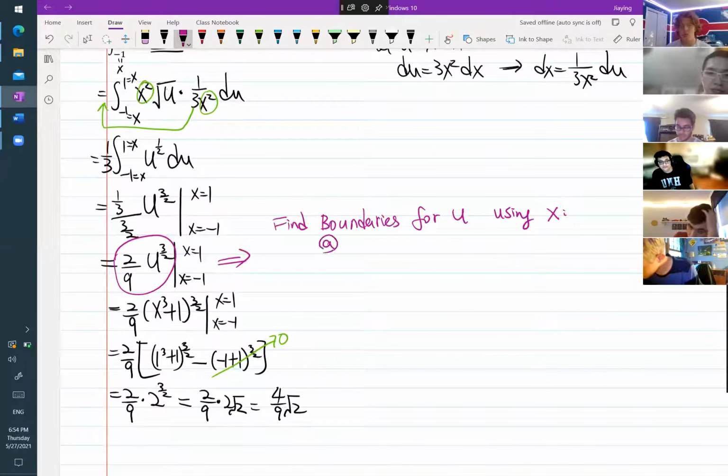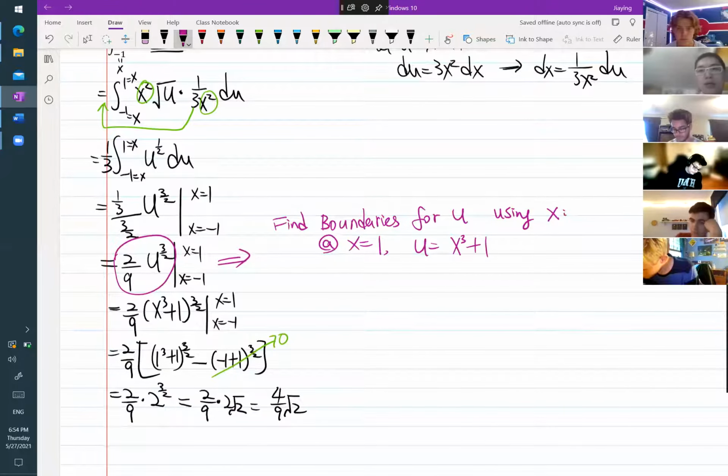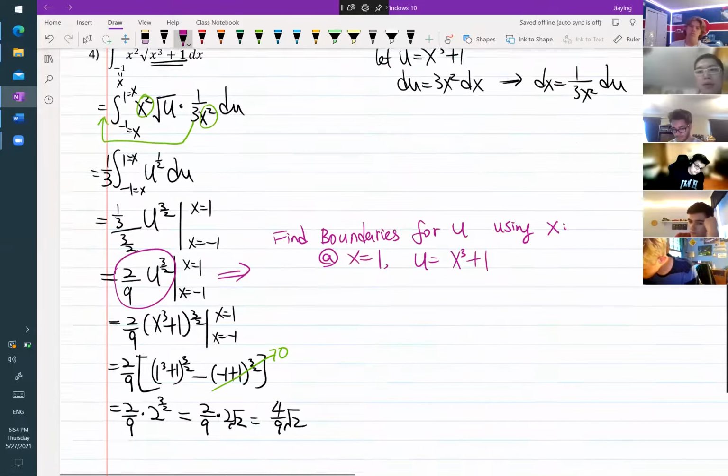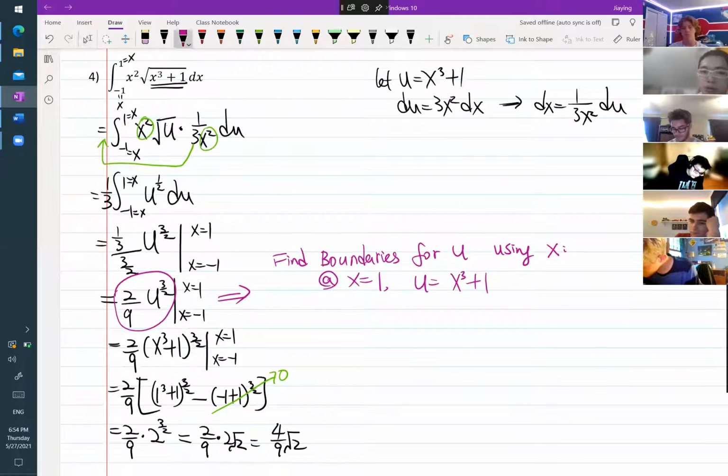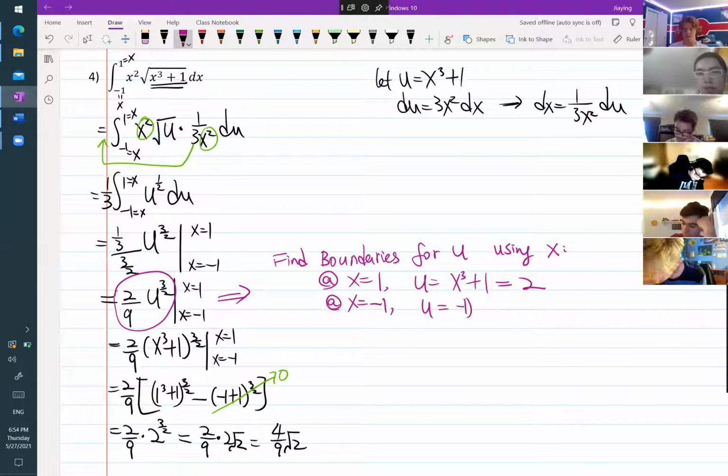So at x equals 1, u equals, recall that u equals x cubed plus 1, right? So we can solve for u, plug in 1, and that gives me 2. And at x equals -1, we can solve for u, which is -1 cubed plus 1, which is 0.